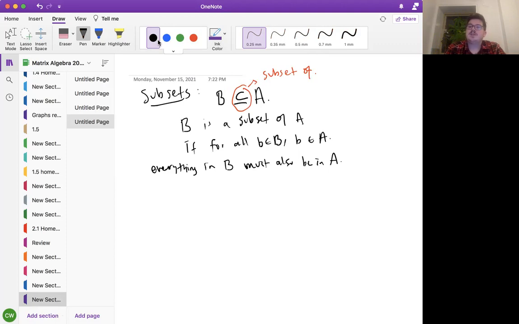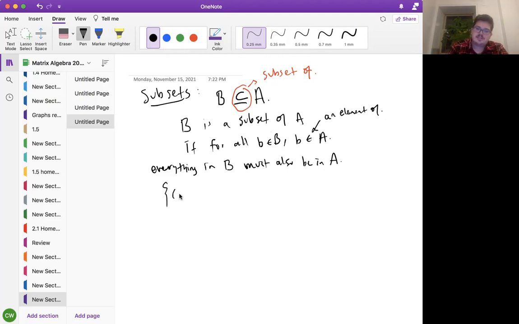Can someone give me an example of a set and a subset? So this symbol means in, right? So this is an element of. Sure, red cookies and all cookies.